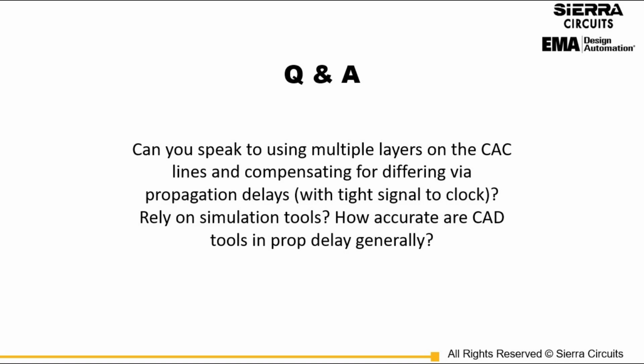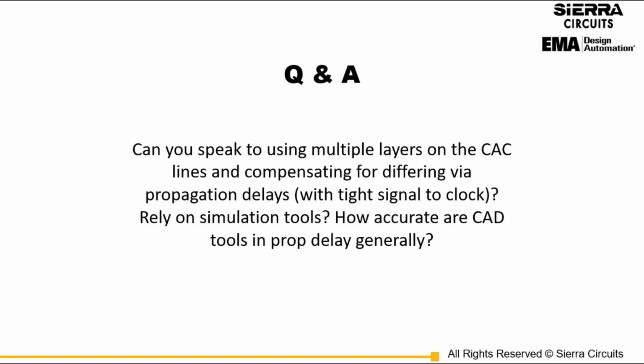In our case, it'll be our Clarity 3D solver extraction tool set. The 3D solver meshes the conductive areas in all directions, not only the XY plane for each layer, but the vertical directions for the vias as you transition between layers. So the 3D solver will give you a very accurate representation of that.